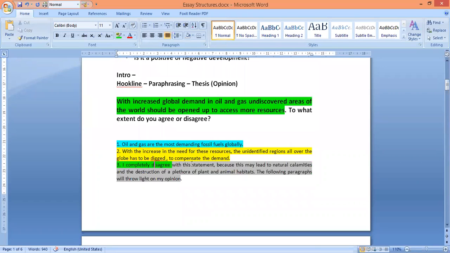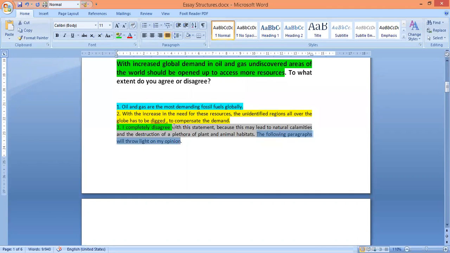For this introduction, I think she shouldn't have mentioned that the following paragraph will throw light on my opinion. Maybe because of that, you're getting confused whether she has written the opinion or not. She has given her opinion, and she has just mentioned that the following paragraphs will throw light on my opinion. That's completely fine.